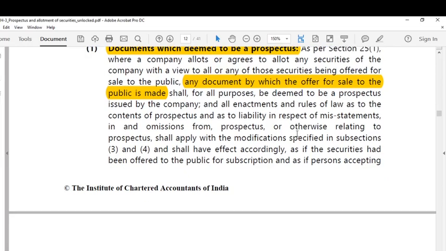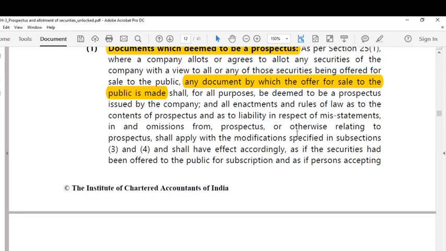And students, here one point is that in case of a prospectus, whatever the rules of law with respect to contents of the prospectus is applicable, the same will be applicable in case of a deemed prospectus also.